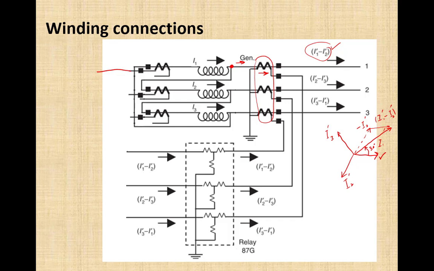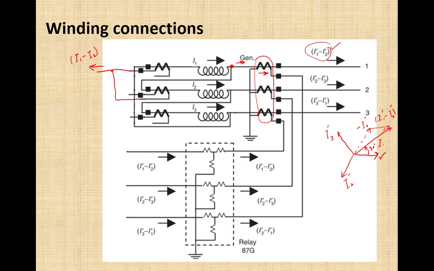So here we will make the connection. This is current I1. If I connect the other one at this point, the current coming out will become I1 minus I2. Prime has been removed because now it is on the CT secondary side.